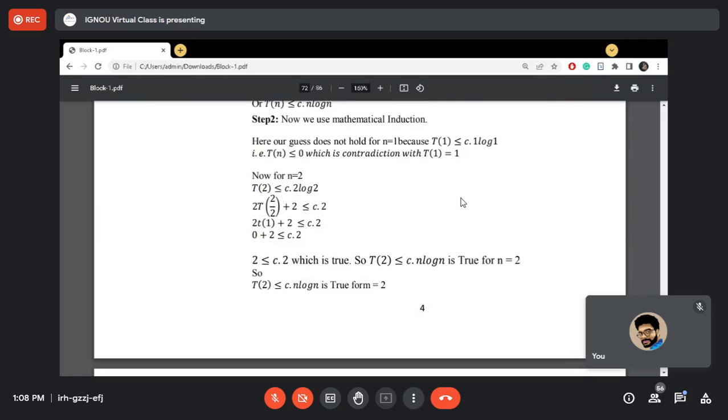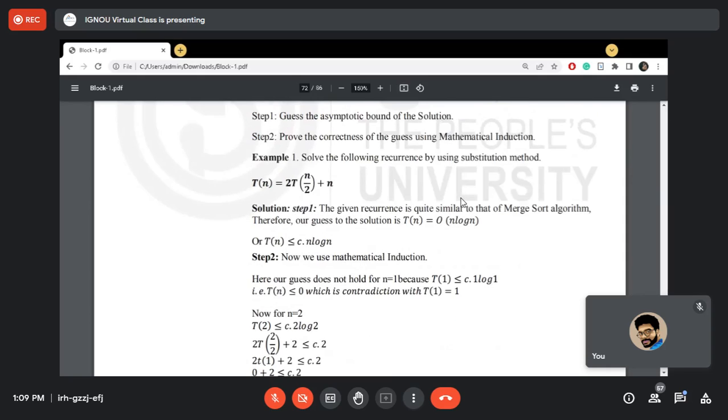And in the next line, how is T(2) 0, 2T is 0? Okay, just a minute.